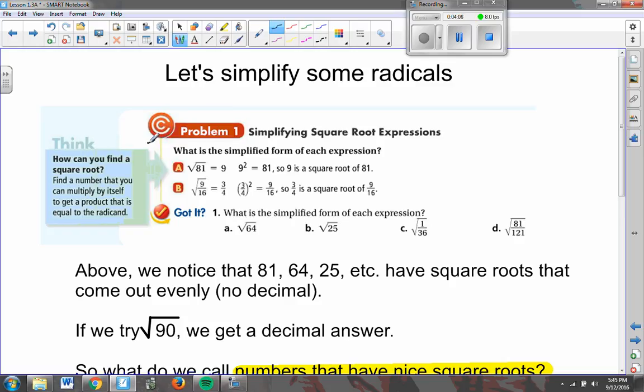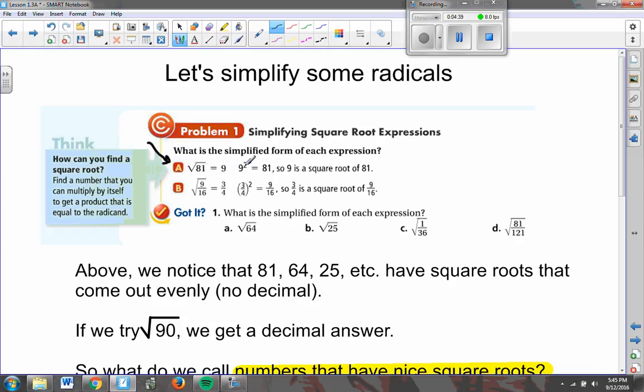But first, if they ask you to simplify here in letter A, the square root of 81, you have to ask yourself, what number do I times by itself to get to 81? Okay. Now we can check this on a calculator or on paper, but hopefully we can do in our head the fact that, well, 6 times 6 is 36, so we have to go higher than that. 7 times 7 is only 49, like we just talked about. 8 times 8 gives us 64, which isn't quite high enough, but 9 times 9 does give us 81, right?